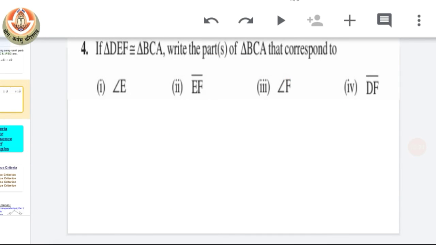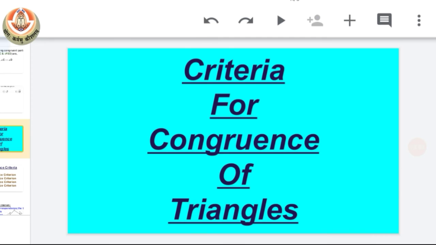Now this is the very small part of this chapter, in which we learned what congruence means and how we can represent and see congruence or corresponding sides or angles of two different triangles. Now the very important part of this chapter is the criteria for congruence of triangles.